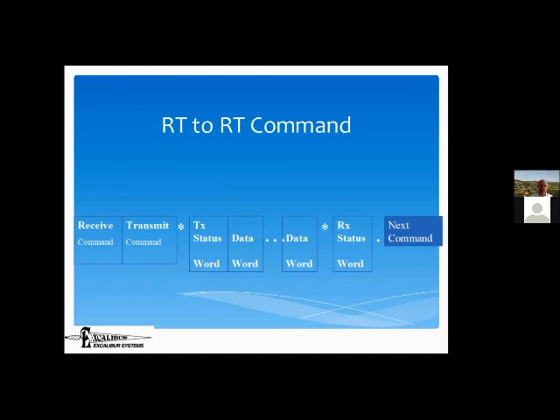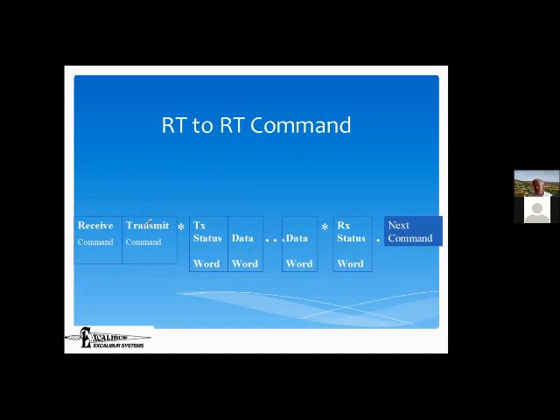What's interesting, by the way, is that, as I just said, the receiver knows it's an RT to RT command. The transmitter does not. Because when the transmitter got the receive command up here, the first thing he did was look at the RT address and see that it wasn't him. So he threw it out, and now he's waiting for the next command. Well, the next command came right here, and it's for him.